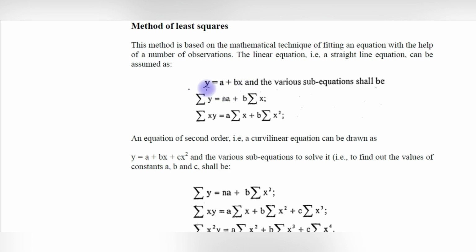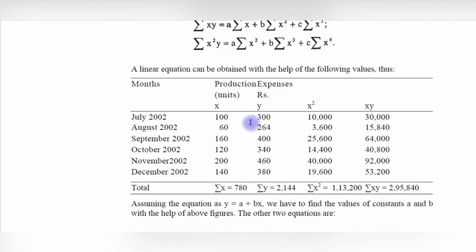Suppose x1 and y1 are, for example, 20 and 400, x2 and y2 are 40 and 500, x3 and y3 are 50 and 600, and like that many different points are there. We have to find an equation y equals mx plus c which is passing through, or at least closest to, all the points.